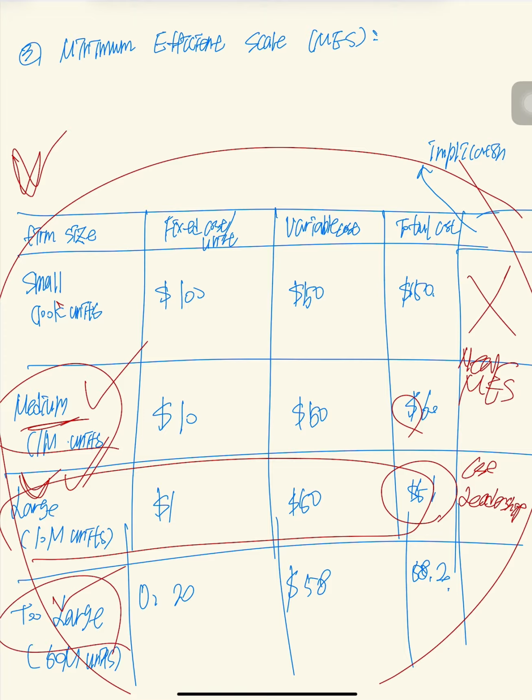Of course, too large is better than small, and also total cost is lower than medium size, but the medium is the second option maybe. But no strategy choice is a perfect choice because it depends on the situation.